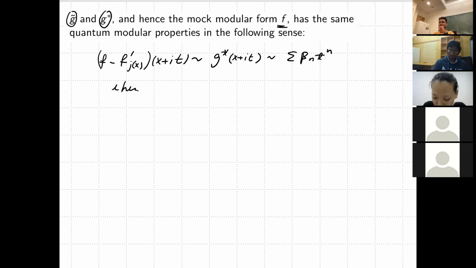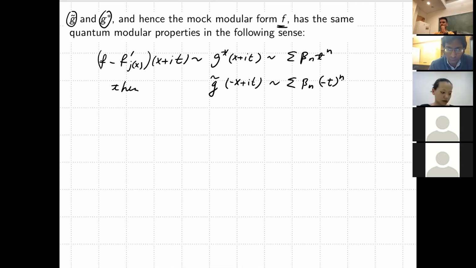Then if this is true, then for the same modular form G, but now integrated holomorphically instead of non-holomorphically, you get this expansion, which is a very simple relation. Okay.